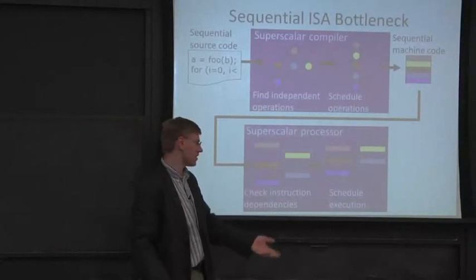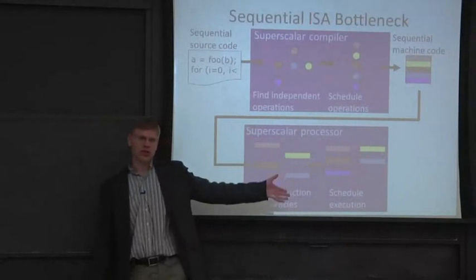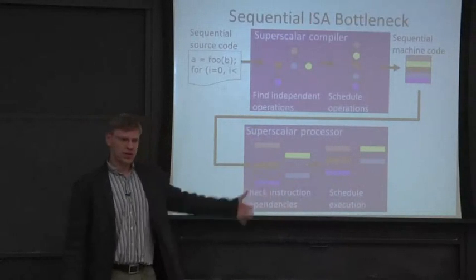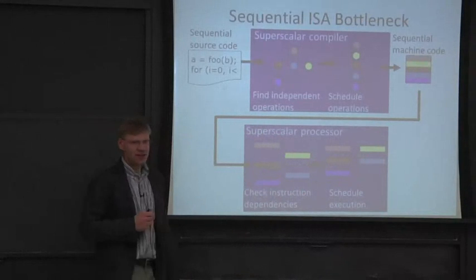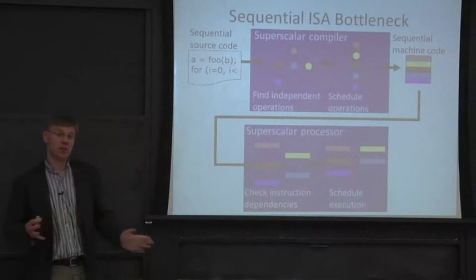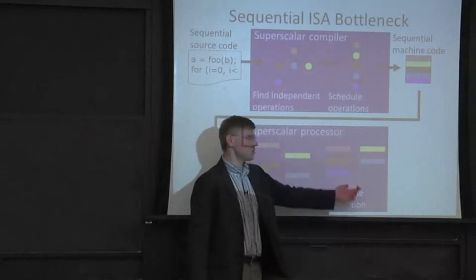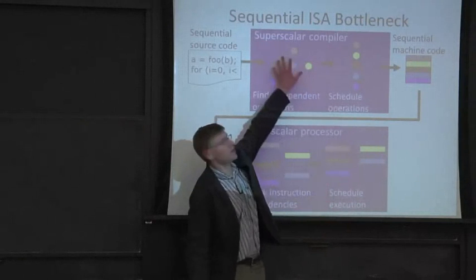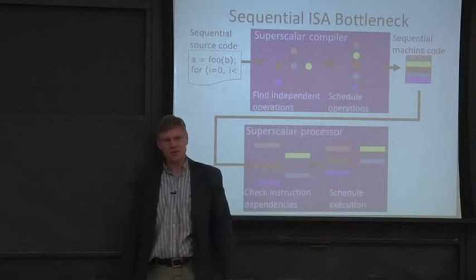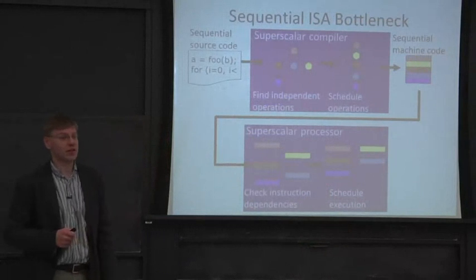Something's going to fire, and it's going to come up with some schedule, and execute those instructions by preserving read after write dependencies. Hopefully, if our superscalar processor is fancy, we have some register renaming where we can break some of the other dependencies also, the write after write and write after read dependencies, and come up with a high-performance schedule. Now, there's no guarantee that this schedule is what the compiler would have done if it was smarter, or if it could somehow express parallelism across this interface.